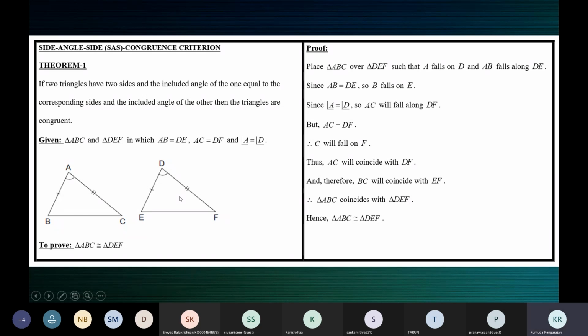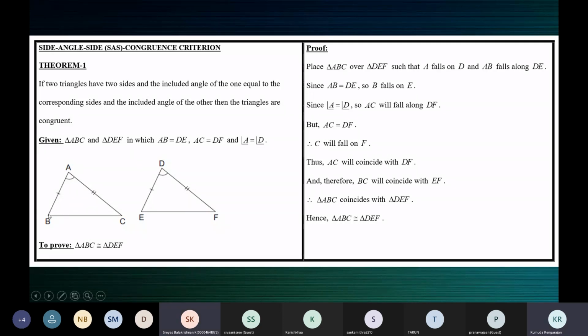We had only three pairs of equalities, but all six have been checked now. Because when you place this over this, B coincides with E and C coincides with F, and BC is equal to EF. So the other pair of sides are also equal.